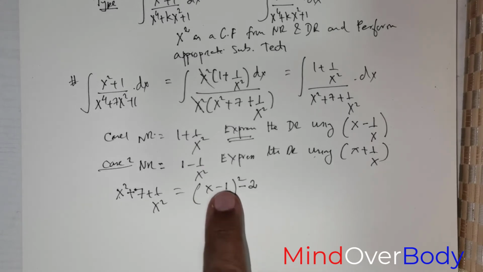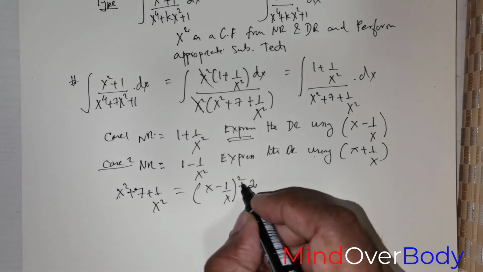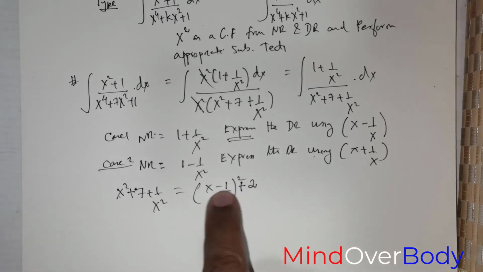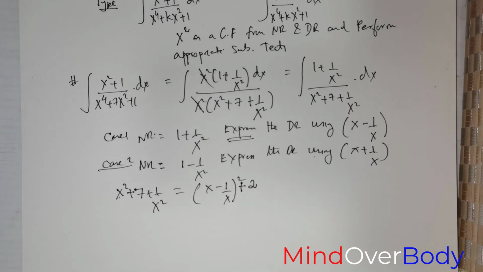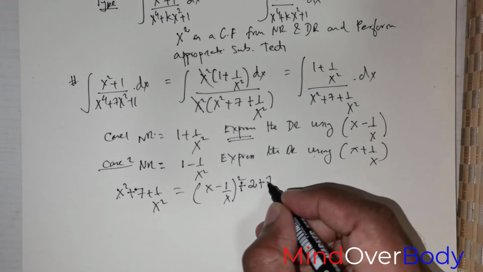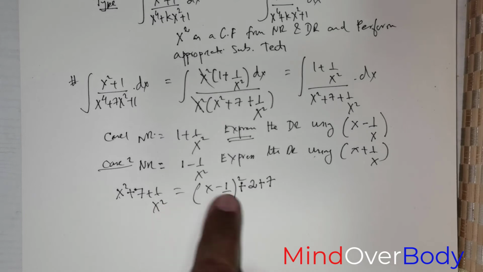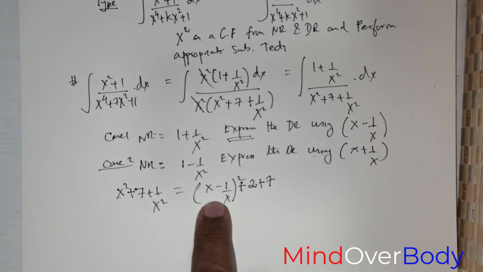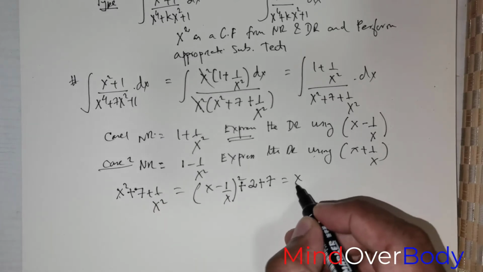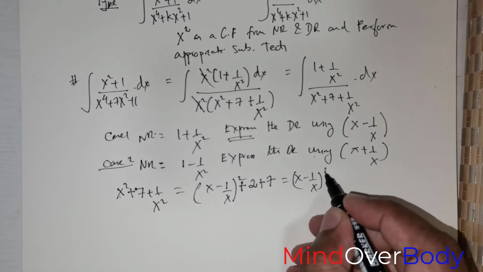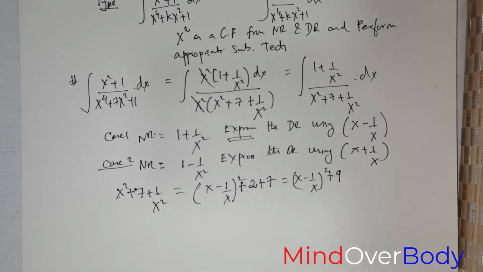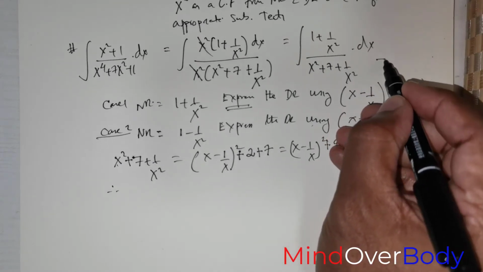Now to get rid of the negative 2, I need to place a positive 2. So that negative 2 is already neutralized. But I need to have a 7 here. So for that I need to add 7. So if you were to compare the left hand side with the right hand side, they both agree, isn't it? And this can be further rewritten as (x − 1/x)² + 9. Fair enough.